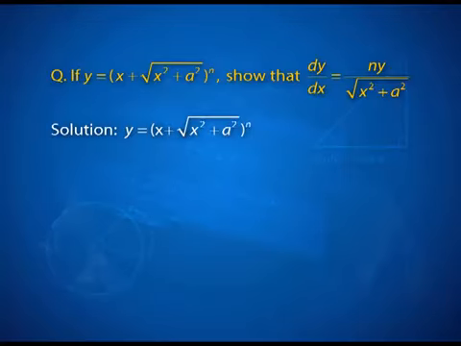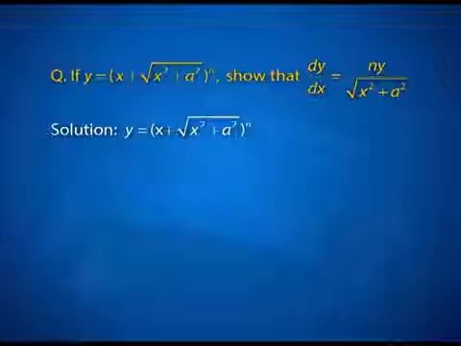If you see the function y here, do you observe that there is composition involved? And not only composition, there is a sum of two functions as well, that is x plus under root of x square plus a square. This sum is raised to the power n. So, there are definitely more layers involved in this function.